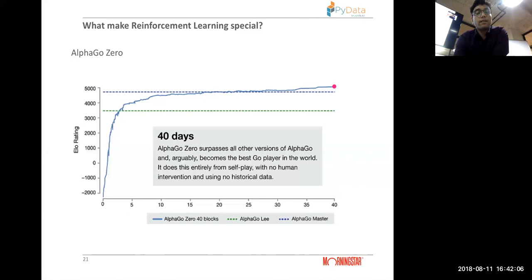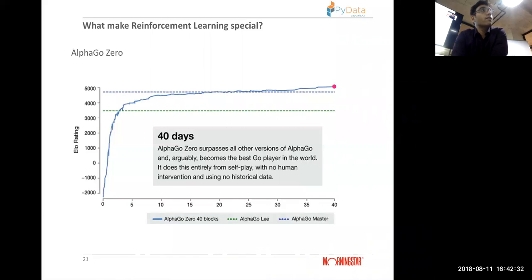But what happened in this case is that the bias of the players, the strategies of the players, went into the algorithm itself. So it was limited by what it discovered, but just by how the people were playing. Then they tried out another thing where they didn't have any training data.